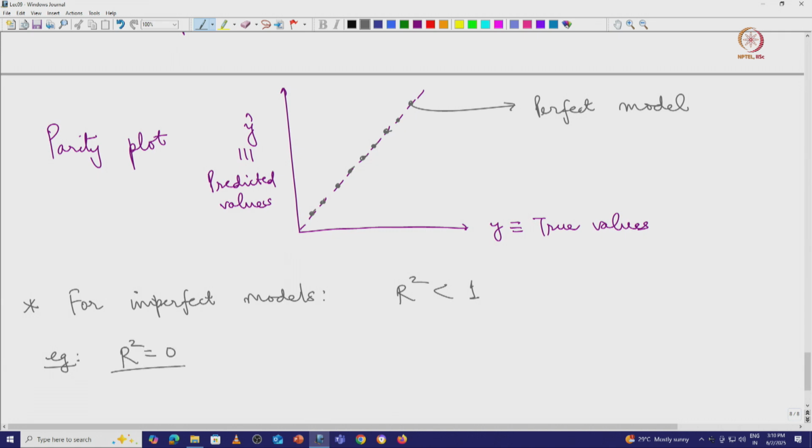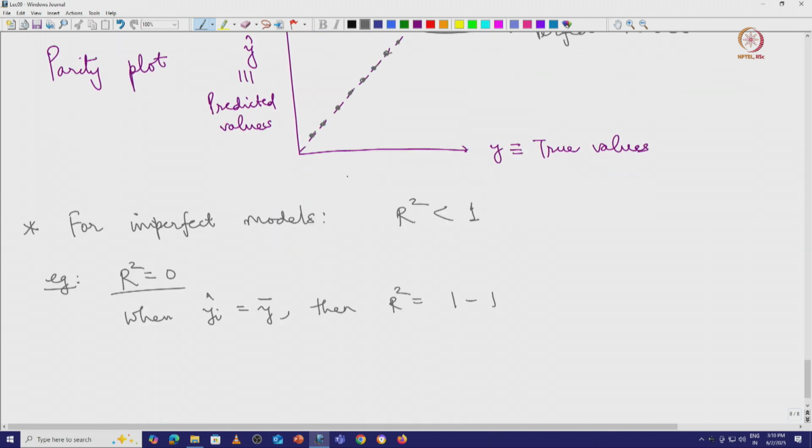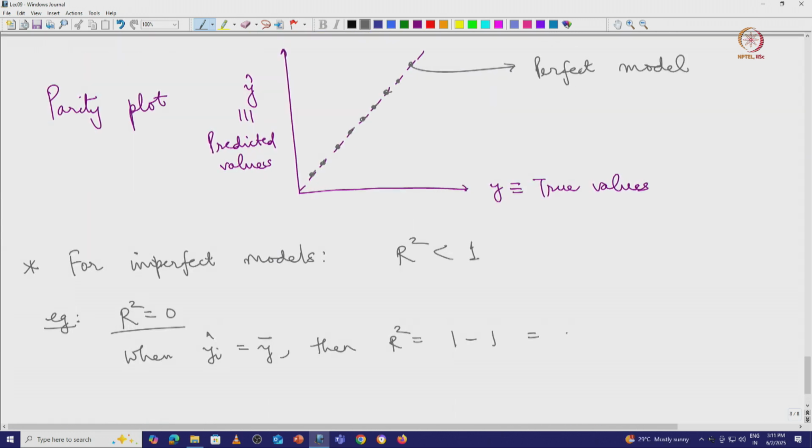When your yi hat is equal to y bar, then your R square will be equal to 1 minus 1, because this term will be equal to 1, since yi hat equals y bar. So that second term will be equal to 1, and you will get an R square of 0.